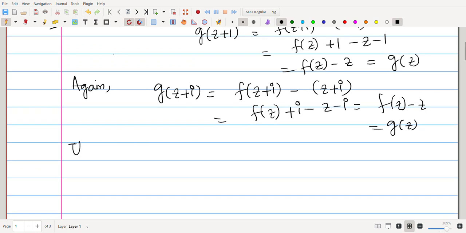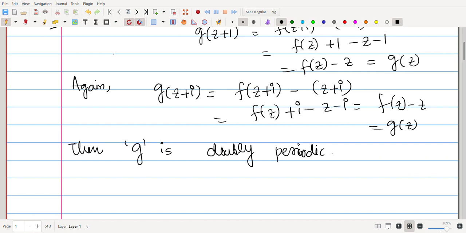So then g is doubly periodic. On the real axis its period is 1 and on the imaginary axis its period is i.